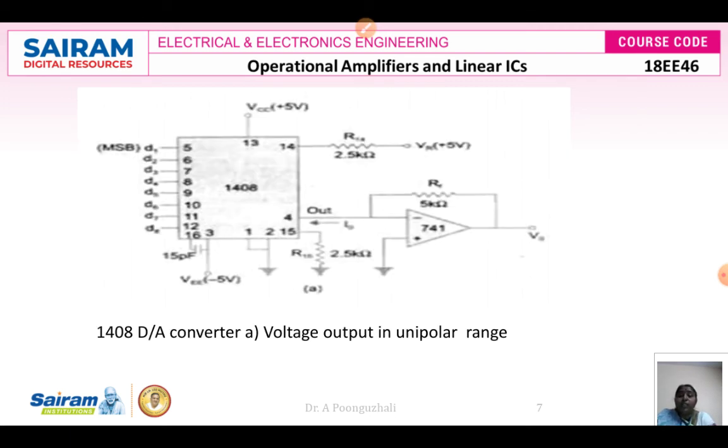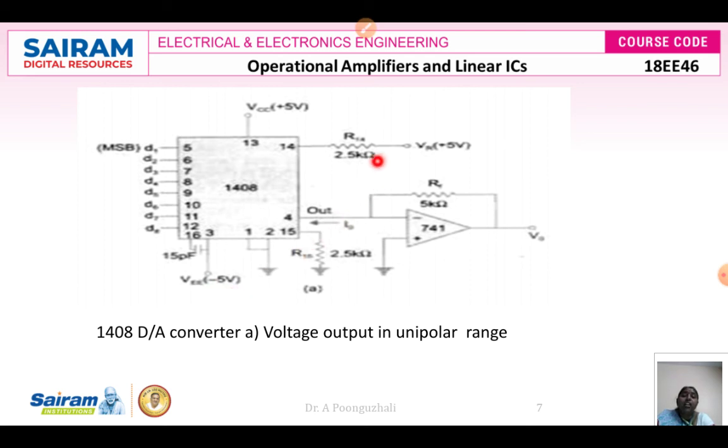So this is your 1408 D2A converter where these are your binary inputs, where D1 is going to be the MSB bit and D8 is going to be the LSB bit there. Here in this case your fourth pin is your output pin and the current is going to flow into the D2A converter there. So your VCC voltage that is going to be required here is plus 5 volts and VEE we are going to take as minus 5 volts there.